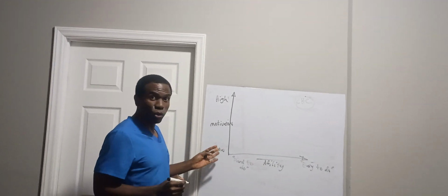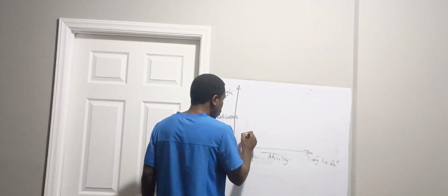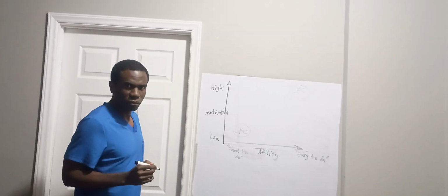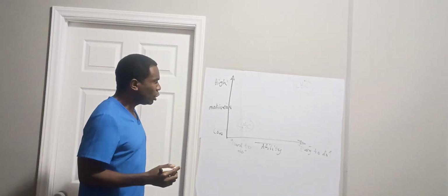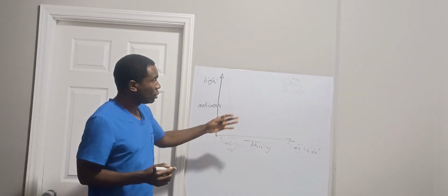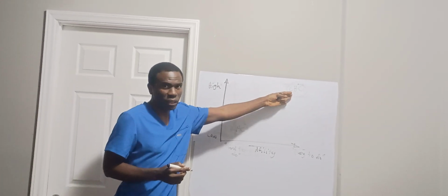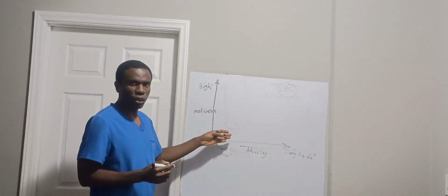If you have a low motivation and it's harder to do, you will be on the lower left hand corner here of the model. That means if there's a prompt for you to do the behavior, you are going to be over there. You won't do it. You will do the behavior. That's right here. If you are right here, you will not do the behavior.